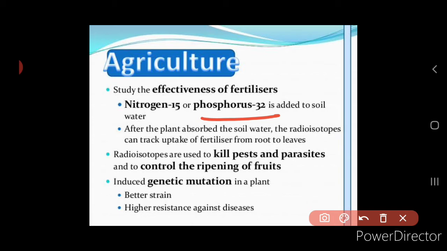And the radiations from the radioisotopes can be used to kill insects and parasites, if any are present, and this will lead to the prevention of wastage of agricultural products. And a very small dose of radiation can prevent sprouting and spoiling of onions, potatoes, grams.